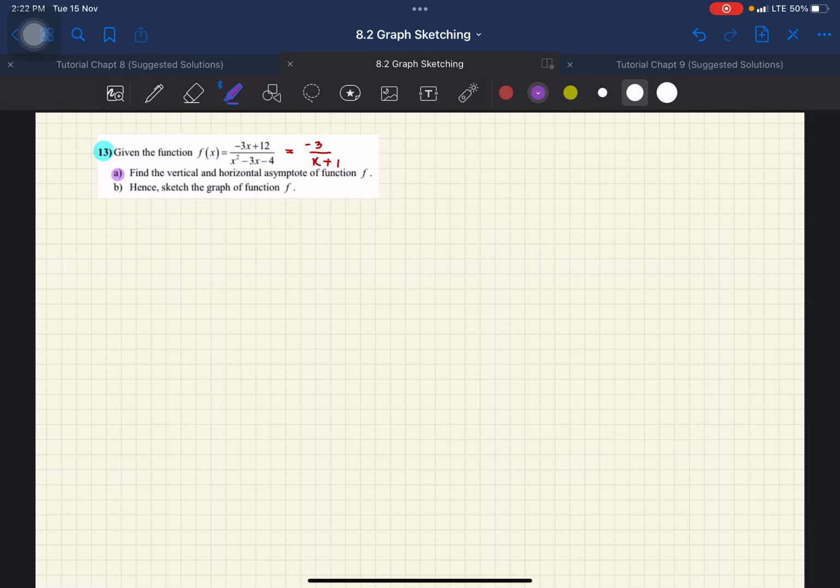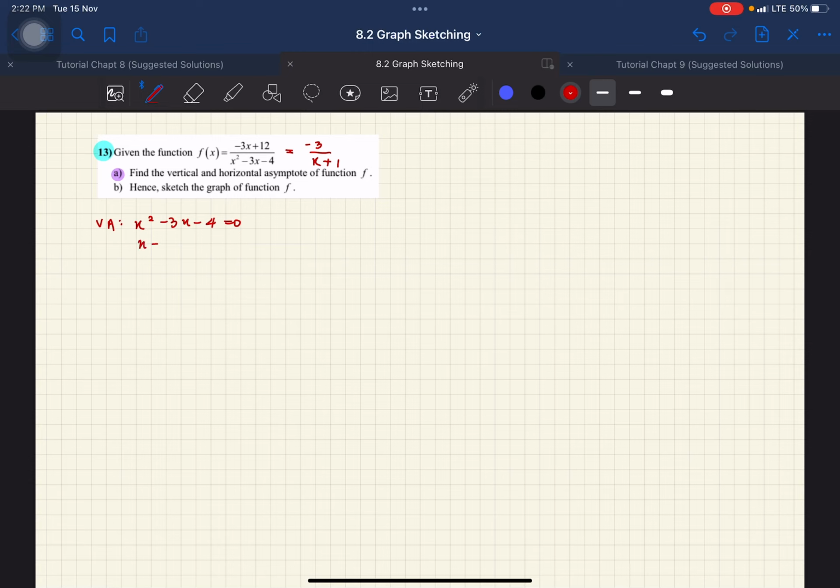As usual, to find the vertical asymptote, you take your denominator and make it equal to 0. So the first step is VA: x squared minus 3x minus 4 equals 0. Let's factorize this one.